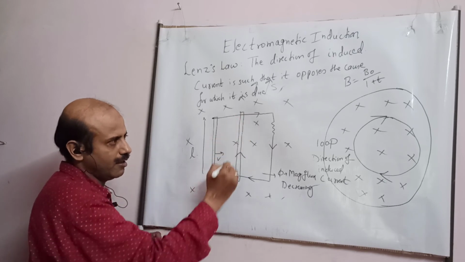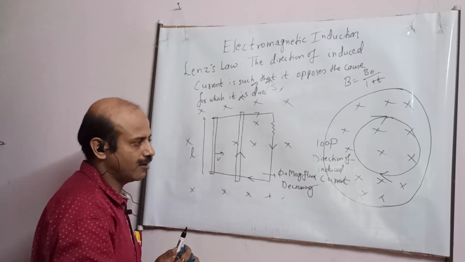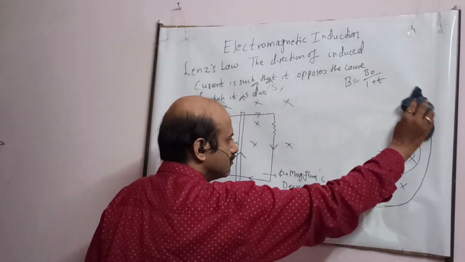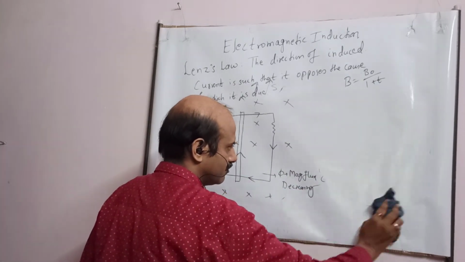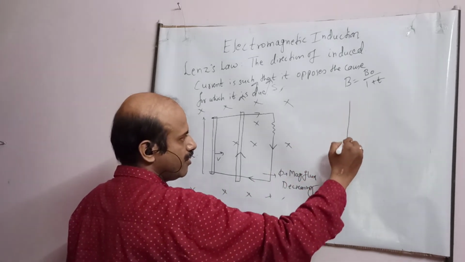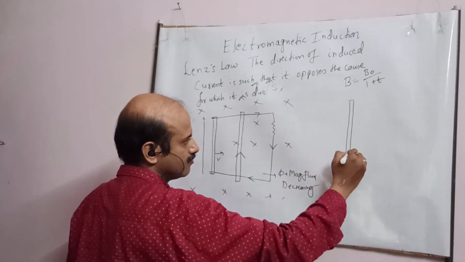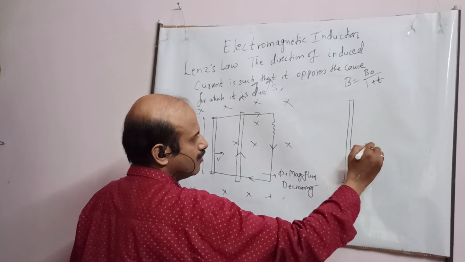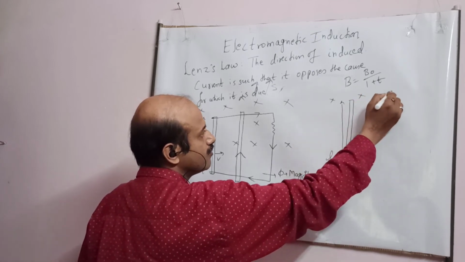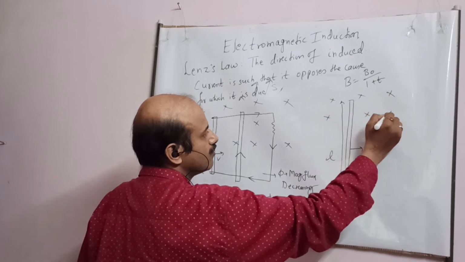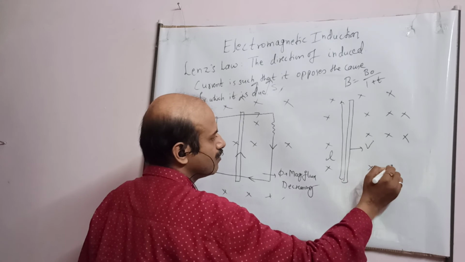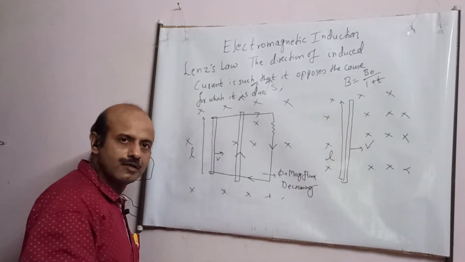Now student, in case of motional EMF, how we find out, you see. This was the rod which was moving with velocity v, length L. This was the conductor.